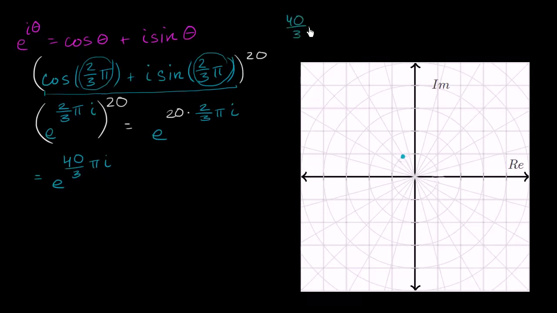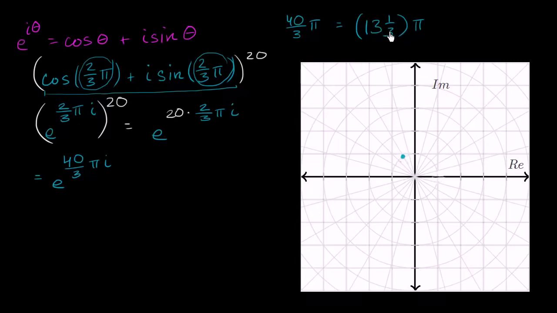Let's try to digest this. 40 over 3 pi is the same thing as 13 1/3 times pi. We know that going 2 pi radians gets you around the unit circle once, so this is going over 6 times around the unit circle to get to the point we want.